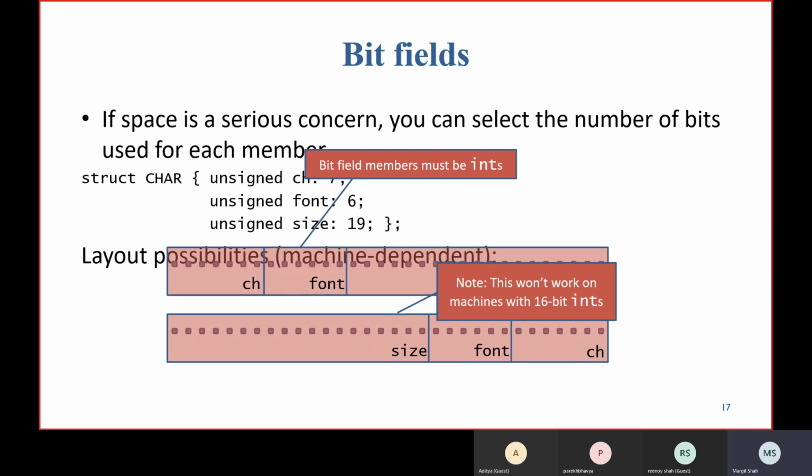This will not work on a machine with a 16-bit integer, as this holds 19 bits. That is an important point over here, as we are talking about 19 bits. Obviously the machine architecture should be at least 32-bit or 64. Ultimately 16-bit will not work for 19-bit storage.